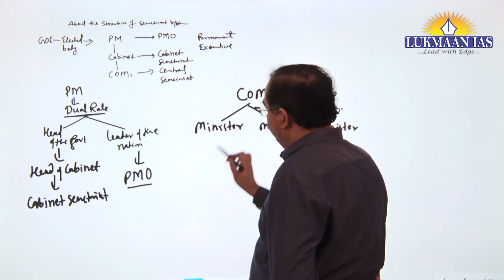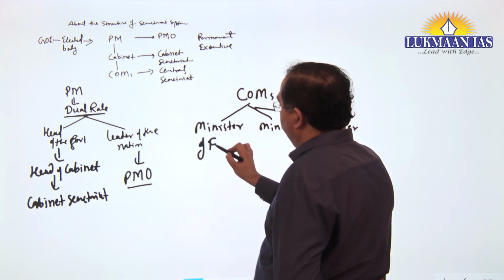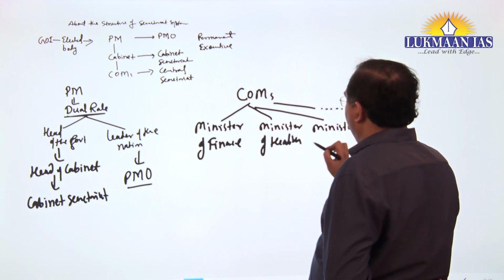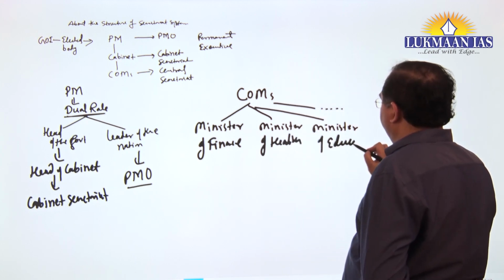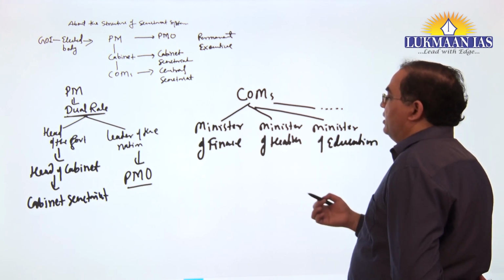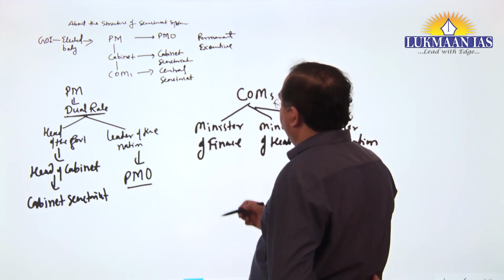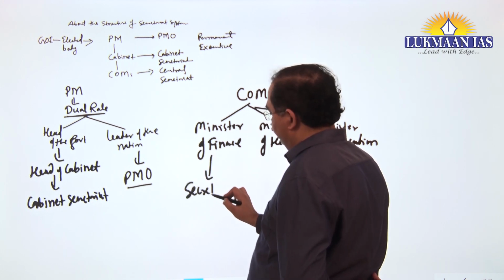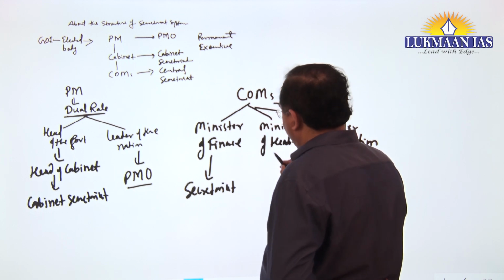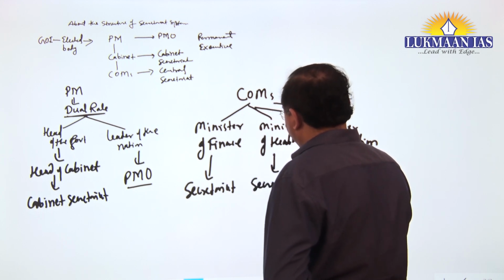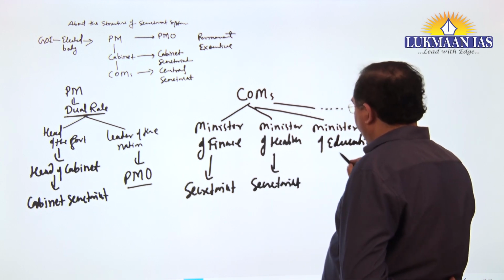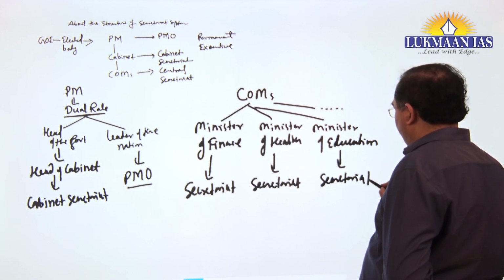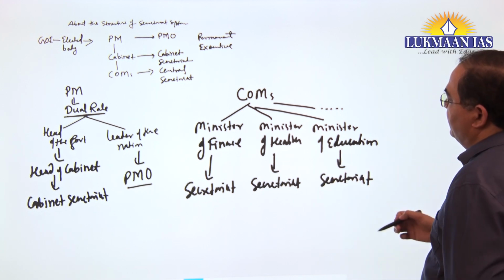A minister can be Minister of Finance, of Health, of Education. And in that case, each will have its own secretariat. It means that all will have their own secretariat.